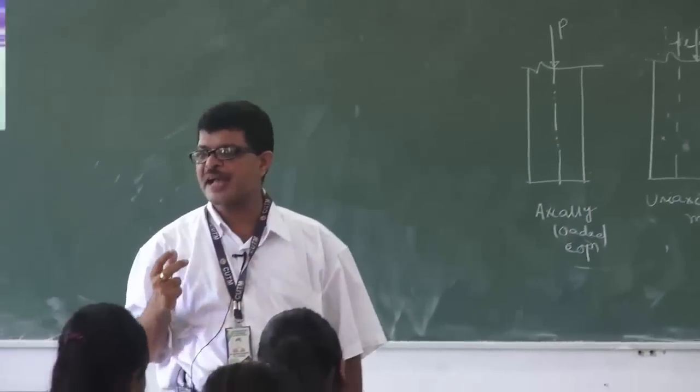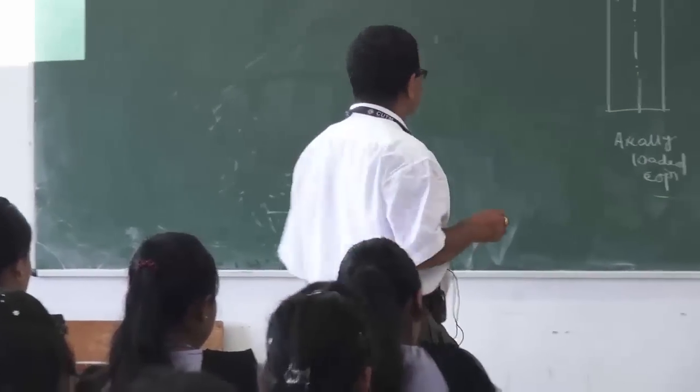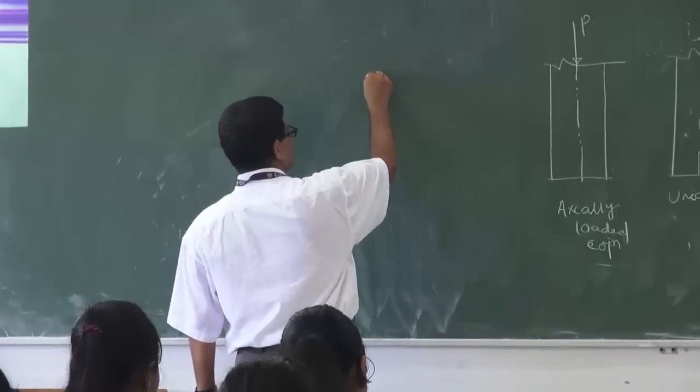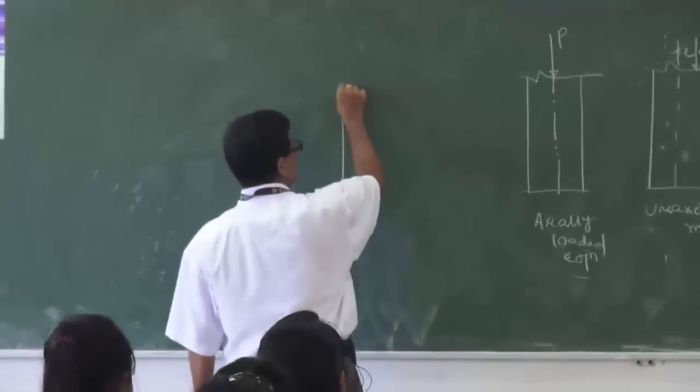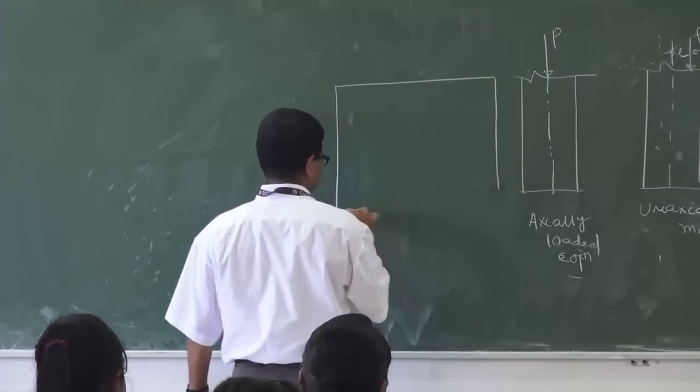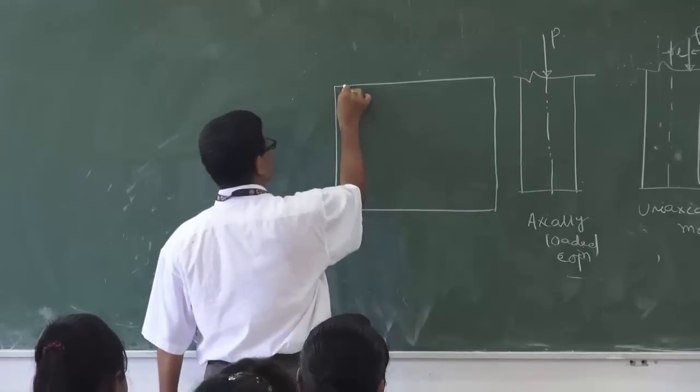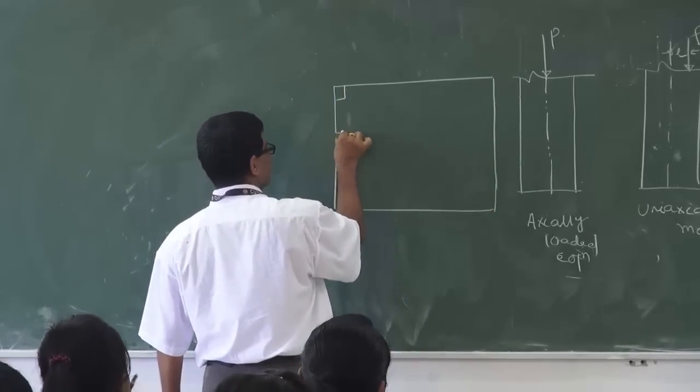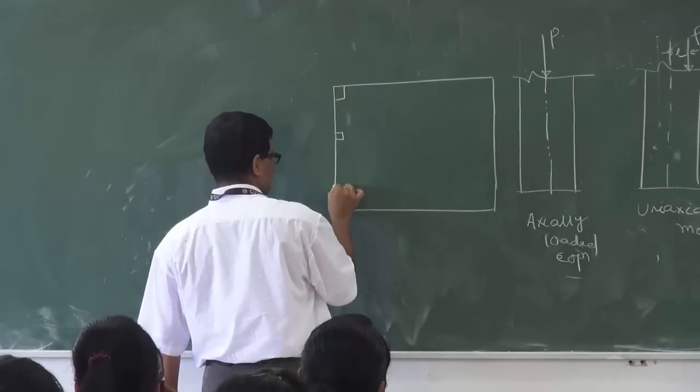Sometimes you will also find biaxial moment. Biaxial moment will come in the case of, suppose this is a building and you have a number of columns here. You have a column here, here, and here.